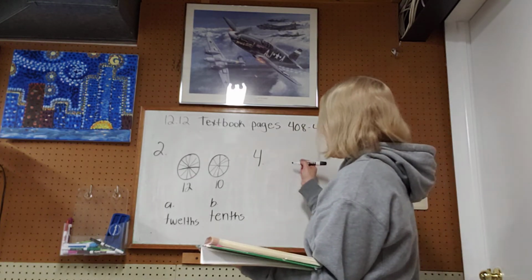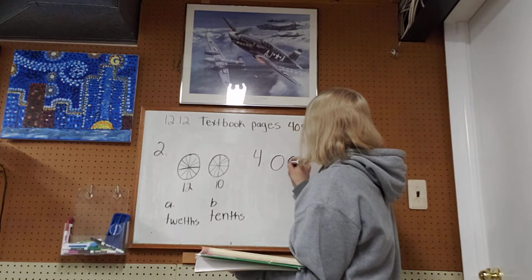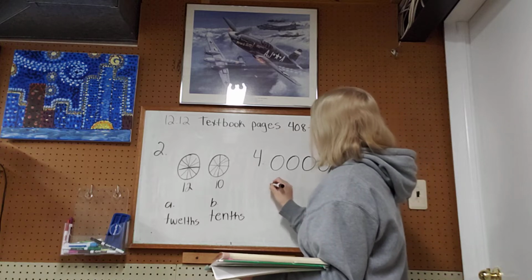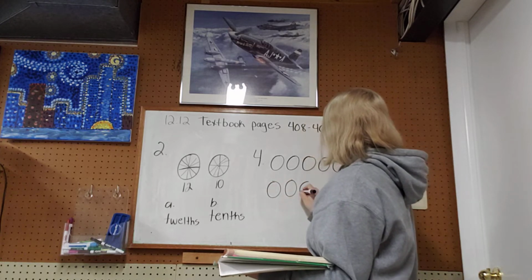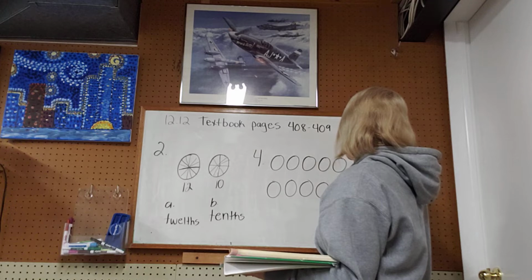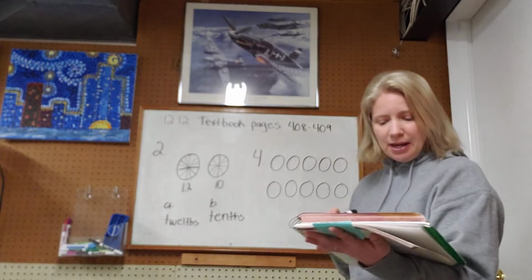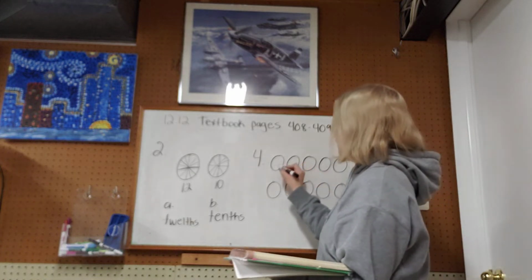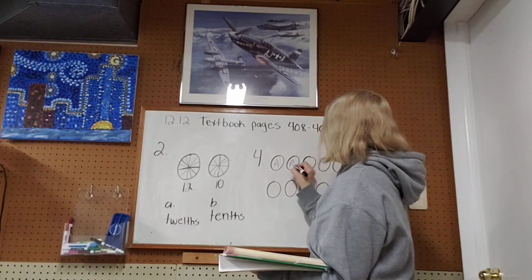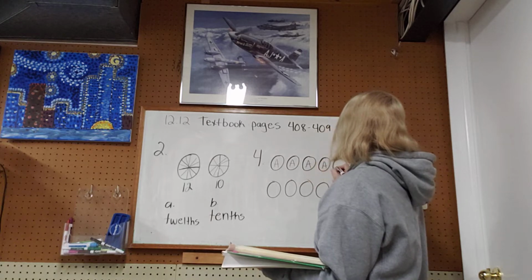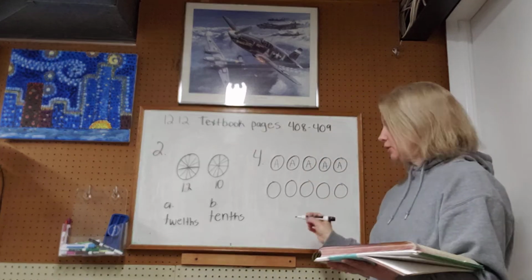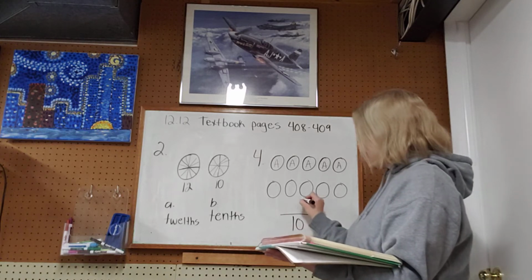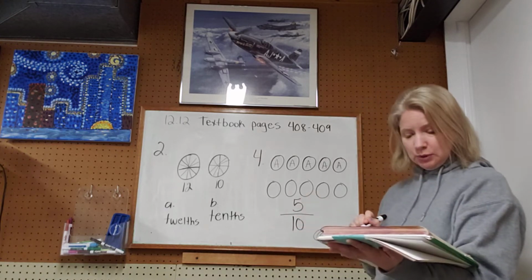So we had 10 pies total. 1, 2, 3, 4, 5, 6, 7, 8, 9, 10. 10 pies total. 5 of them were apple. 1, 2, 3, 4, 5 were apple. So you had 10 pies total, and 5 of those 10 were apple.